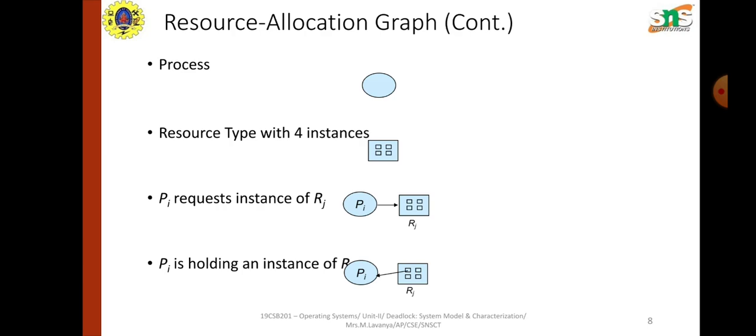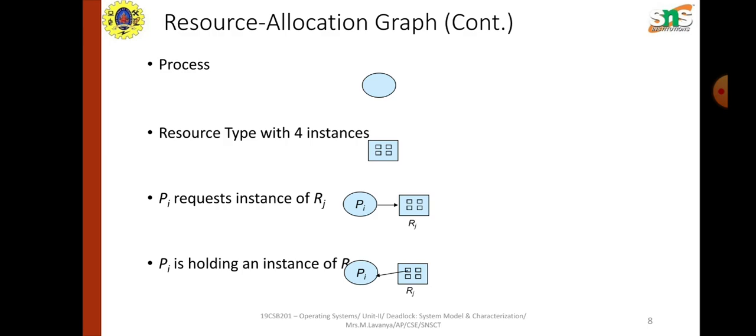In this resource allocation graph, all the processes will be drawn within circles and all the resources will be drawn within rectangular boxes. If the resource has a single instance, then the resource is simply mentioned within the rectangle.